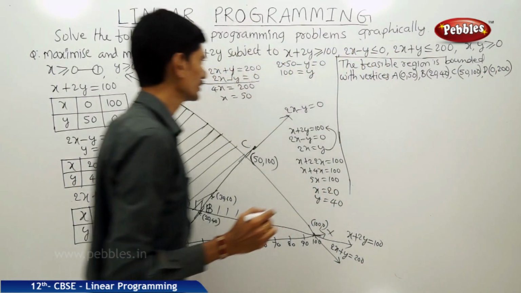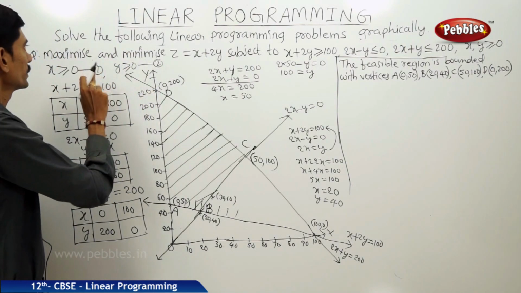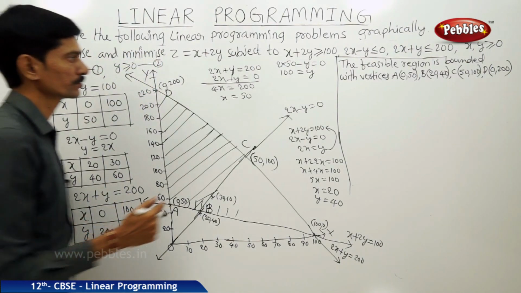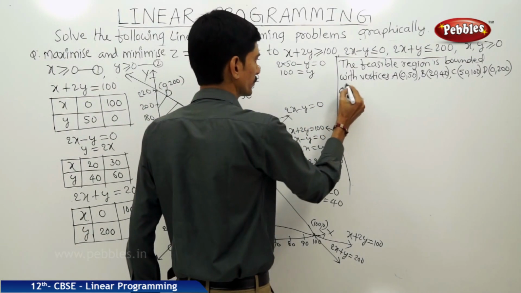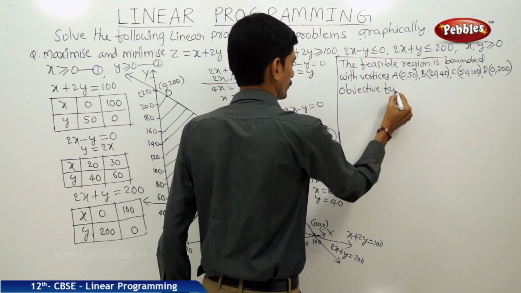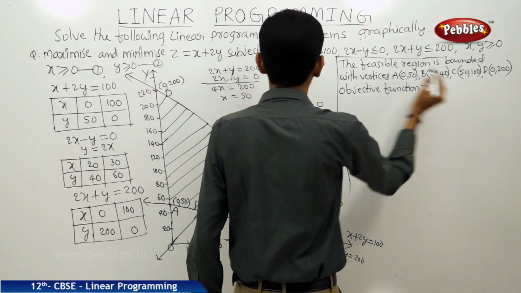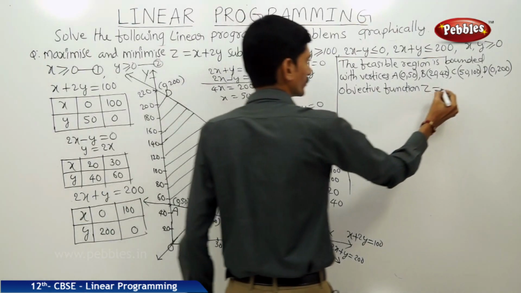Now we have to maximize and minimize the objective function that is given as z equal to x plus 2y. Objective function z equal to x plus 2y.